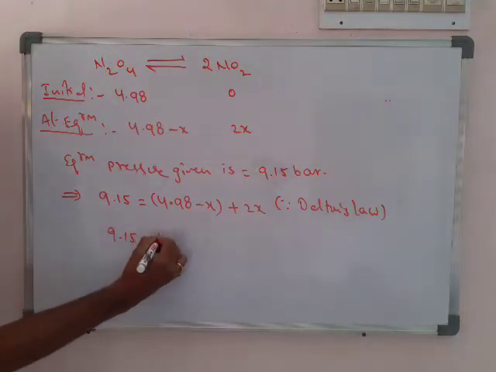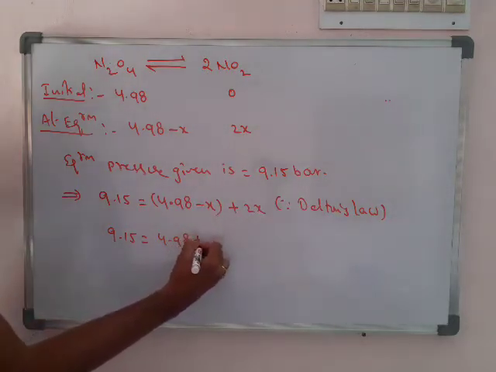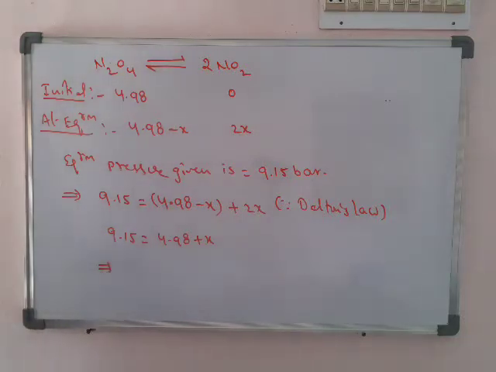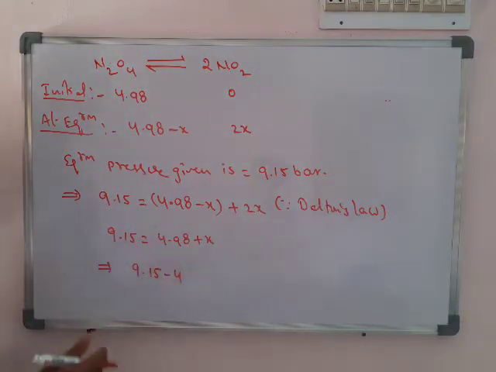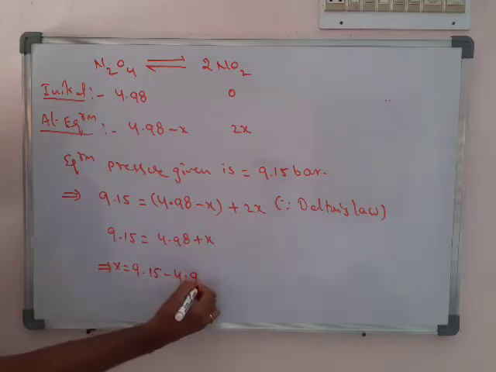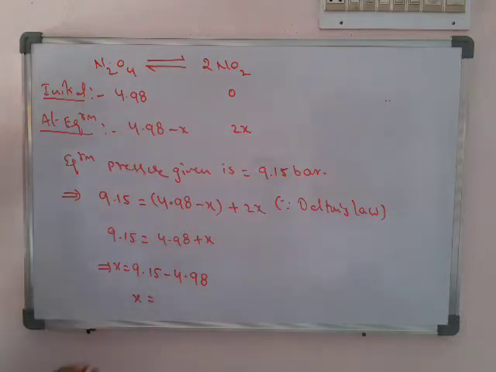So 9.15 equals 4.98 minus x plus 2x, which gives plus x, and therefore finally x equals 4.17 bar.